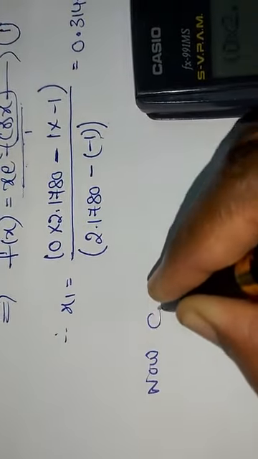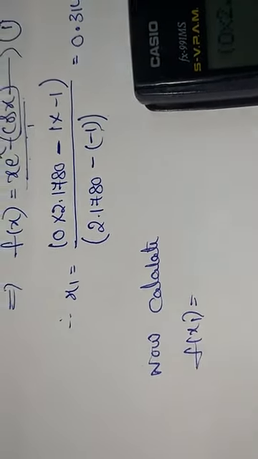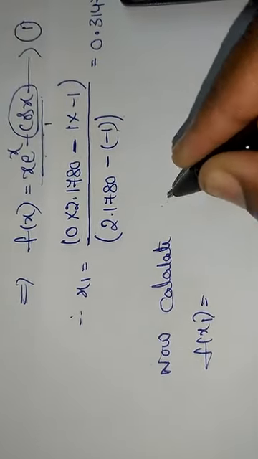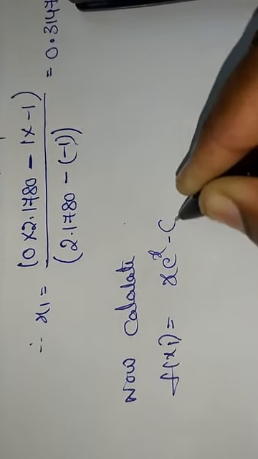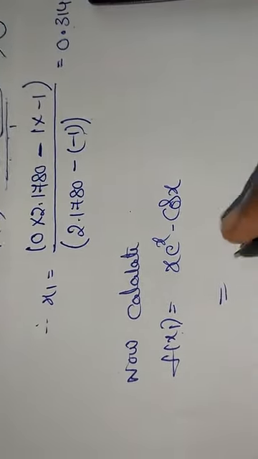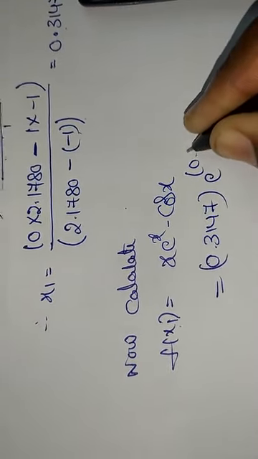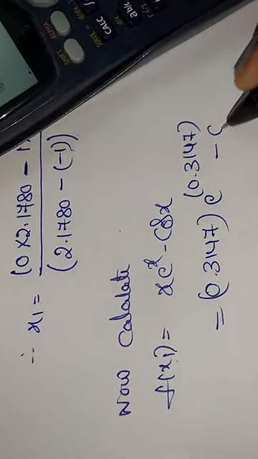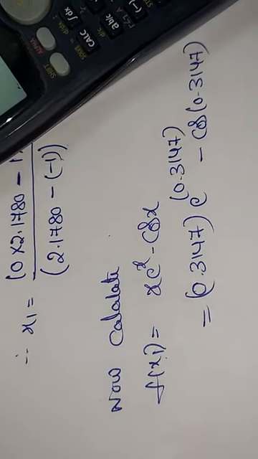Now calculate f of x1, that is x e power x minus cos x. What is the value of x1? 0.3147 e power 0.3147 minus cos of 0.3147.